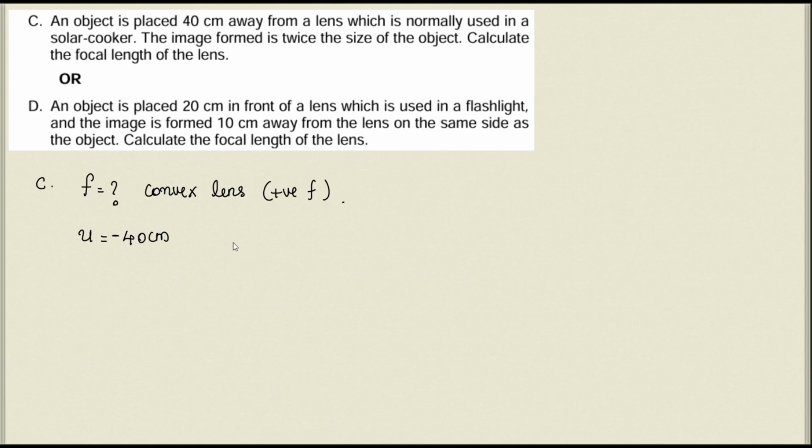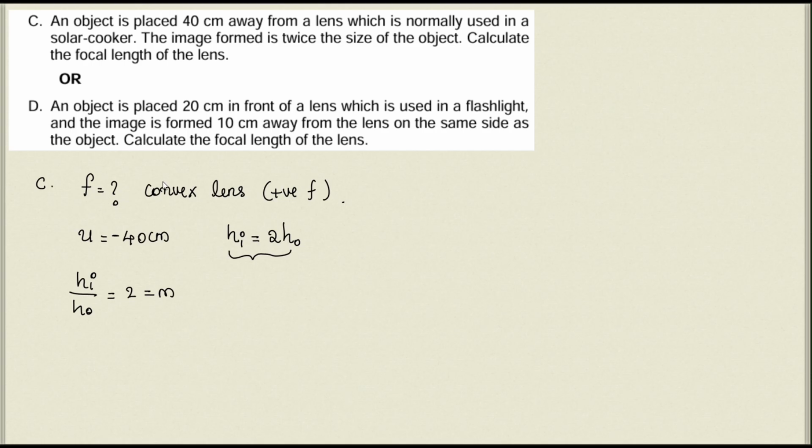The size of the image is expressed using the height of the image, hi, that is given as twice the height of the object. We have to find the focal length. As done before, if height is given for image and object, we can find the magnification, hi by ho, right? That is given as 2. The magnification is given as 2.